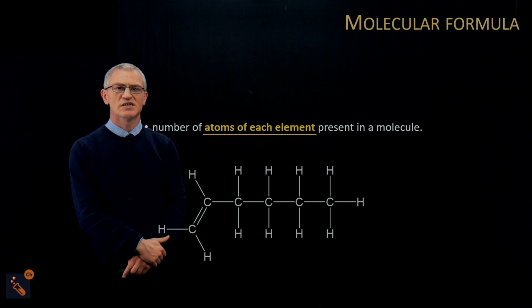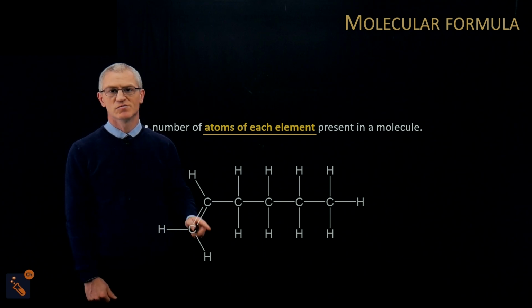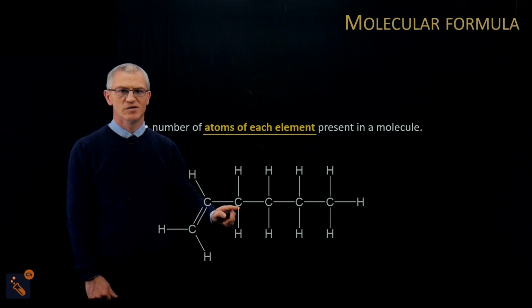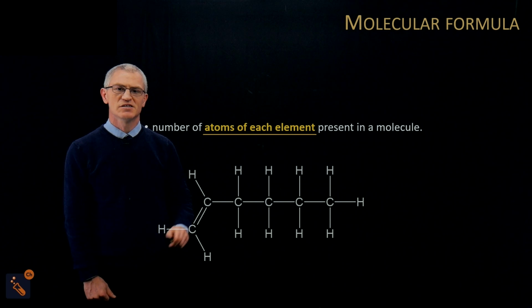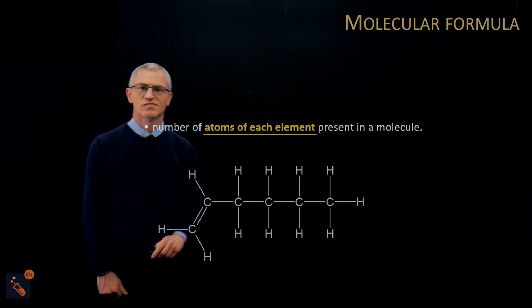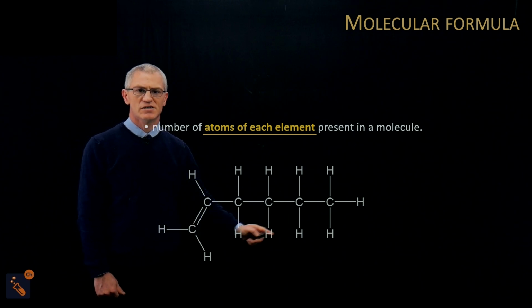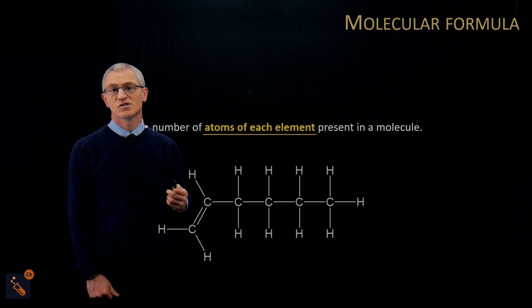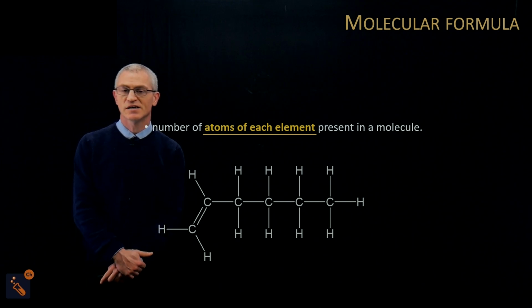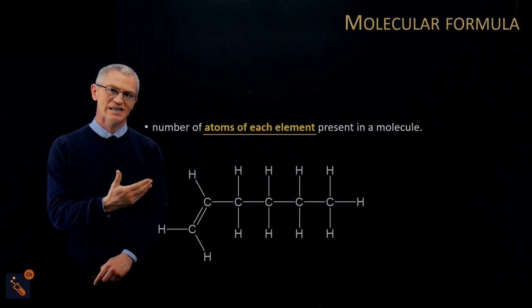Now, if you want to do the molecular formula, all you have to do is go along, and this is where a lot of students make mistakes, so do it slowly, and just count the number of elements as you go across. You can see that there are 6 carbons, and hopefully you're counting them yourself right now. Then if you go along the outside, you can count that there are 12 hydrogens. You can also know that through the fact that alkenes' general formula is CnH2n.